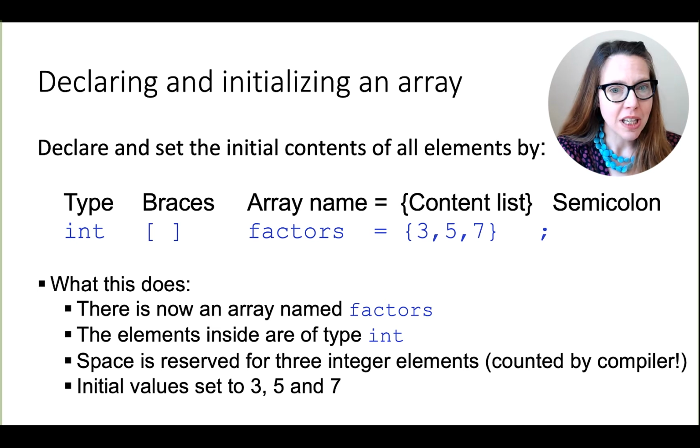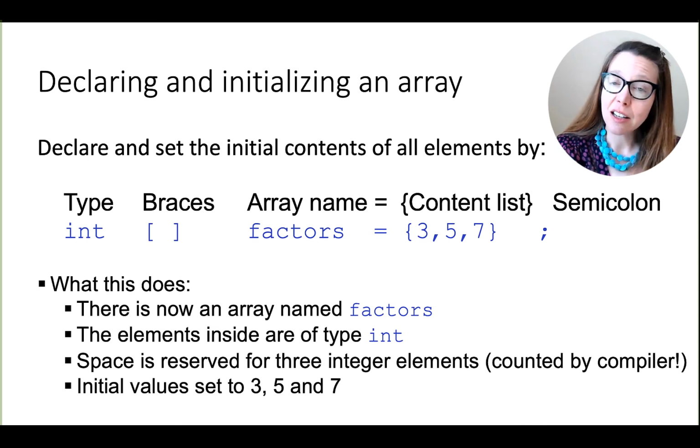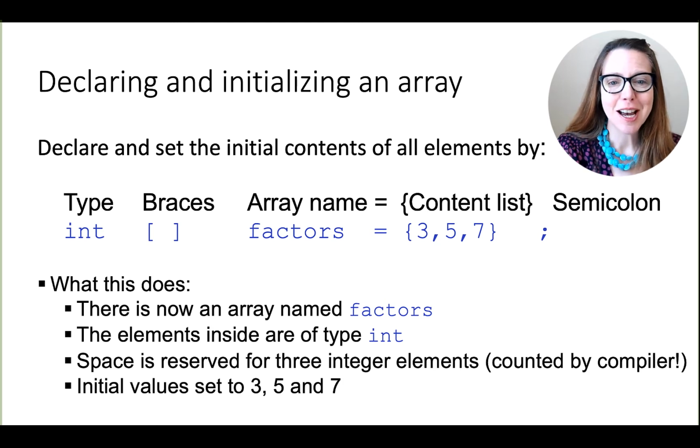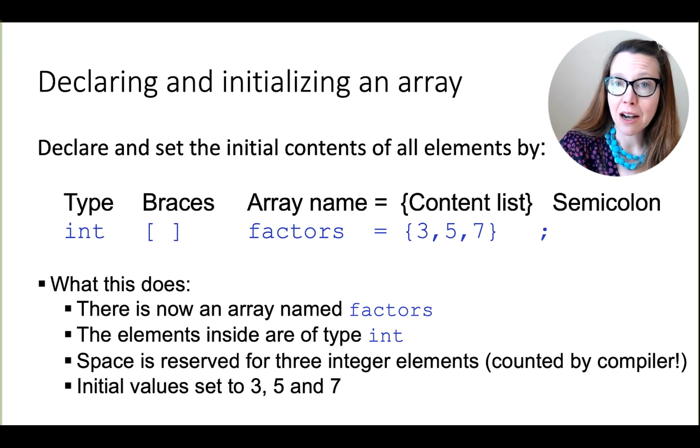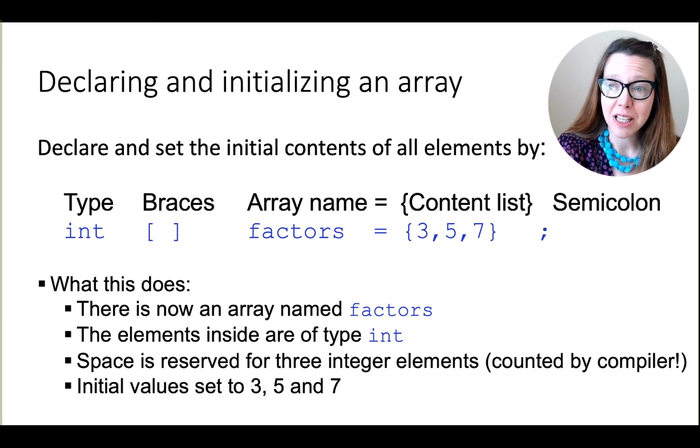So we never told it that there would be 3, but that number was counted by the compiler. We provided 3 integers, 3, 5, and 7. The compiler realized that was 3, and so it reserved space in memory for 3 integer elements and initialized those values to 3, 5, and 7. So if we now ask for factors 0, we wanted to find what was at index 0, we would get that 3 back. We could do the same with the 5 and the 7.